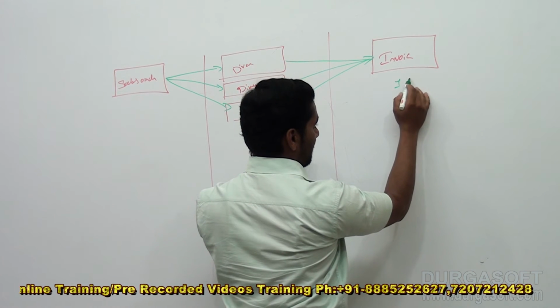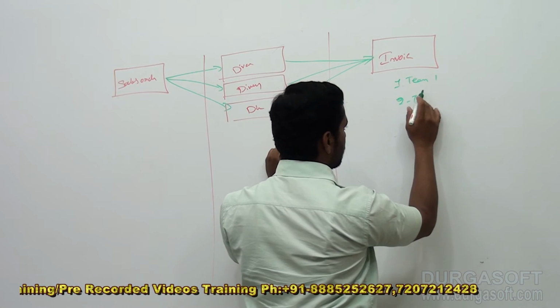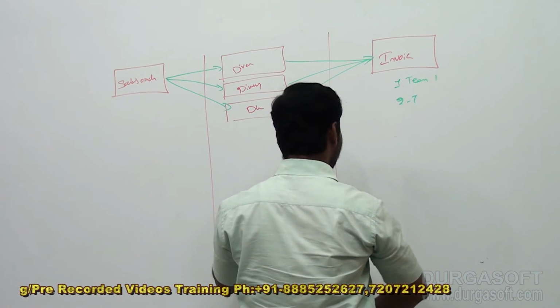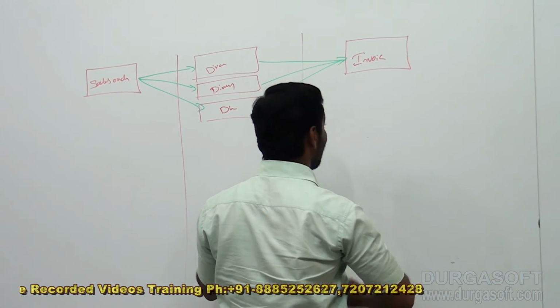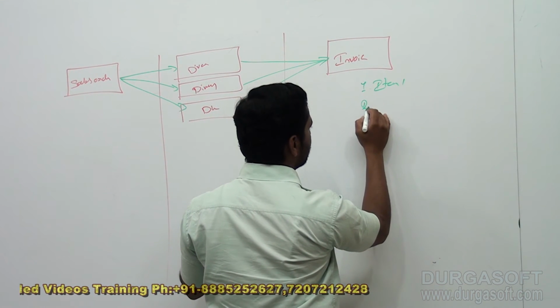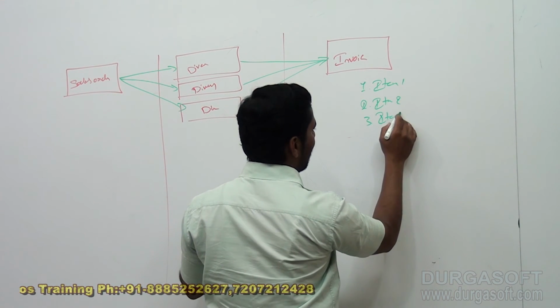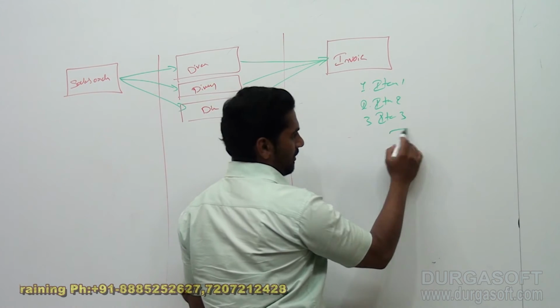So here we get item number 1, item 2, item 3, and we will get a total here.